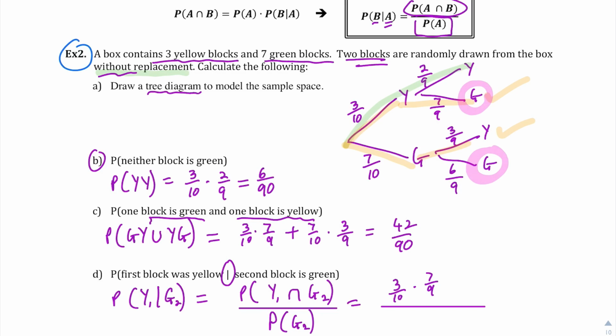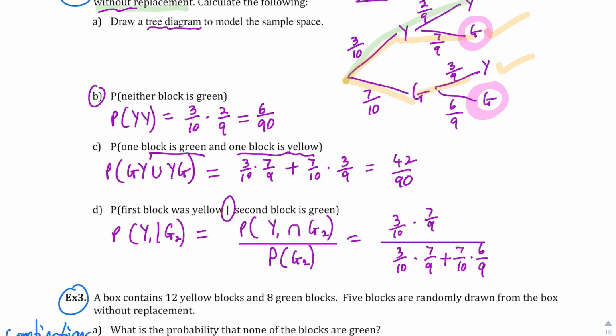And then probability of green second is going to be 3/10 times 7/9 plus, so we've got the yellow green, or we've got green green, which is also a way of getting green on the second. And so that's going to be 7/10 multiplied by 6/9.